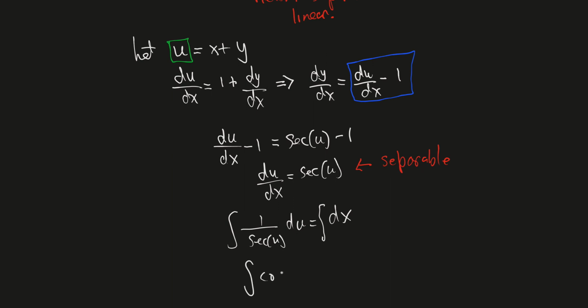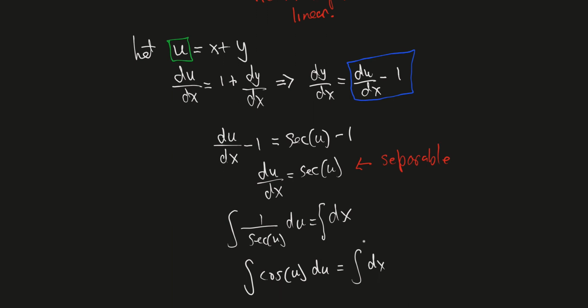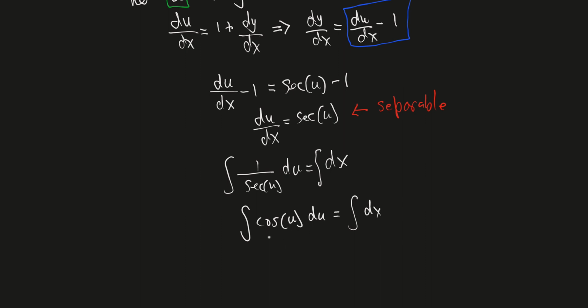So on this side we have the cosine of u du, that antiderivative, and on this side, it doesn't get any easier, we're just integrating dx. So when I integrate my cosine function, I will get my sine function, so this is the sine of u, and then on this side I'll have x plus c. Okay? So this is the general implicit solution for u.